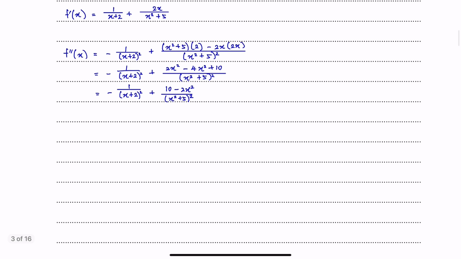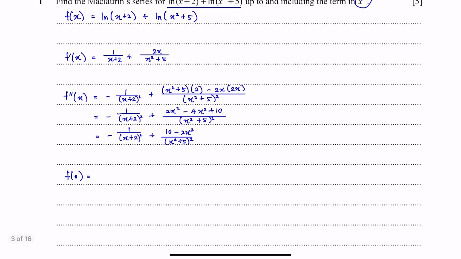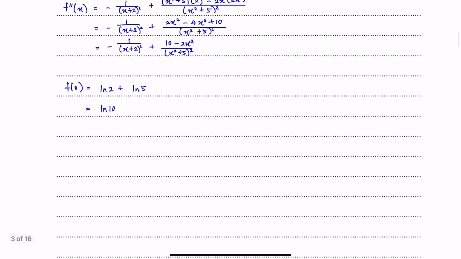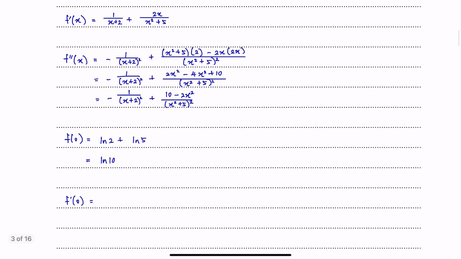So for the first term, we would need f(0), which is, after we sub x as 0, we will get ln 2 plus ln 5. And we can simplify it to ln 10. So basically we just take 2 multiplied by 5. For the first derivative, when we have x equals to 0, we would get 1 over 2, because when this is 0, this whole thing would be 0.